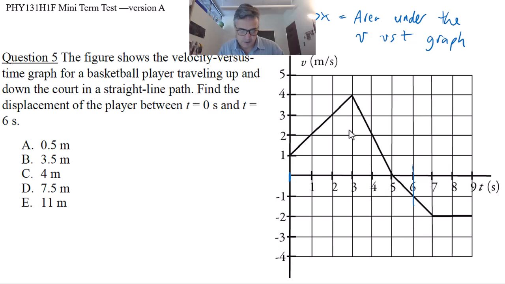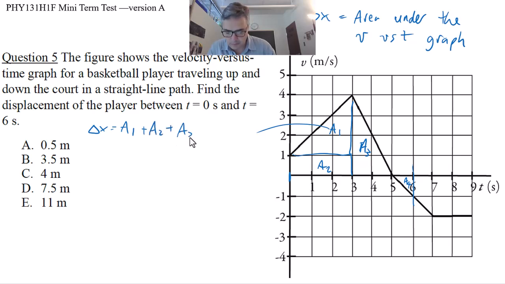So we just have to find these areas. I would call this area A1, plus A2 down here, plus A3, and there's A4 down here. So delta x is going to be A1, which is a triangle, plus A2 plus A3 minus the area of A4.